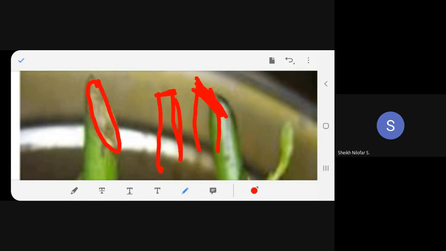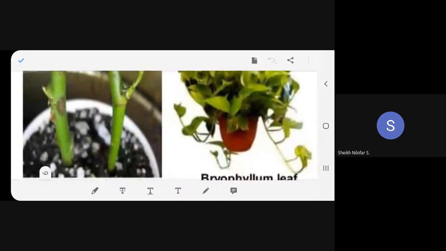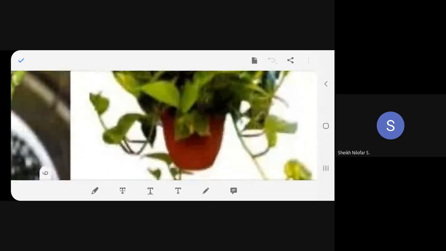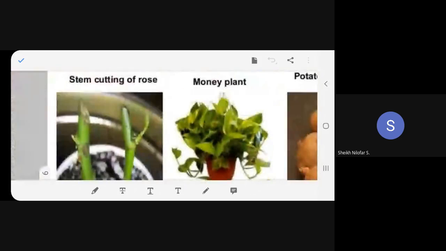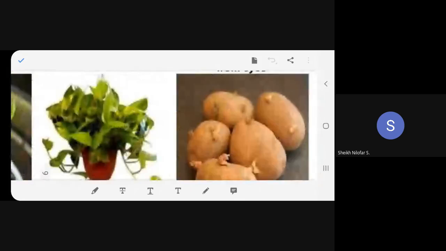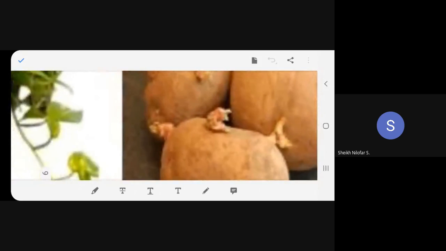This is wrong, and this is right. So this is how when you put it in the soil, you get a new plant. So this is rose. You can see over here money plant. Take a piece and put it in the soil, it will grow. Then you can see the potato. Can you see this? Sprouts, the buds coming out.